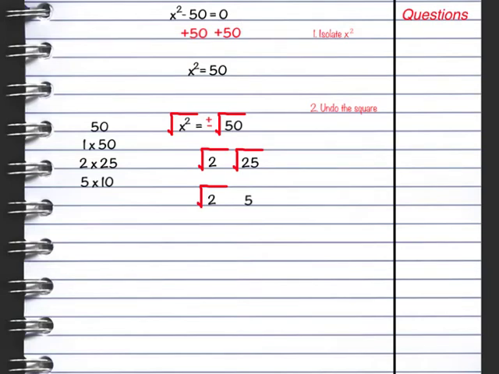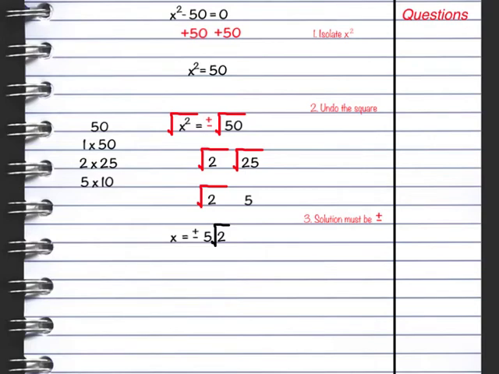So now I can rewrite this, keeping in mind that my solution must be plus or minus, as x equals plus or minus 5 times the square root of 2. Keep in mind, your number without the root goes in front, and your leftover goes at the end.